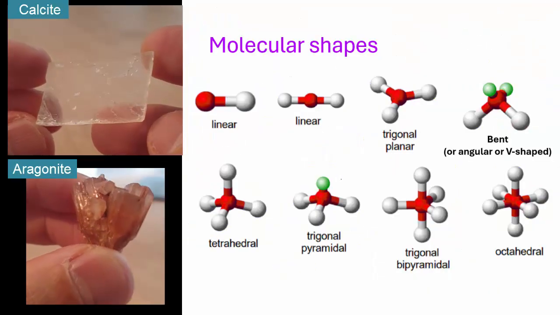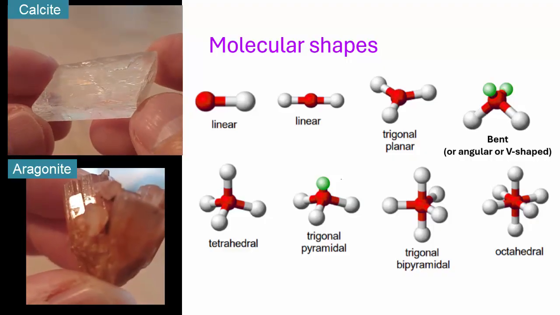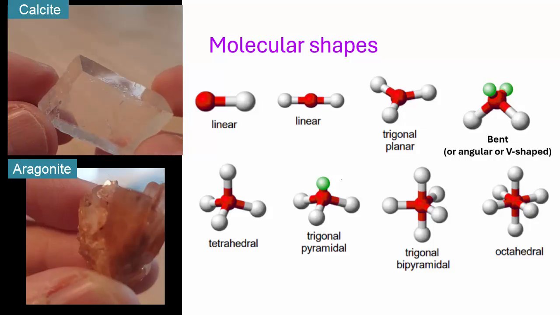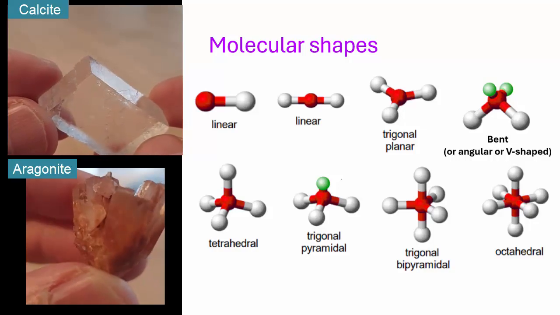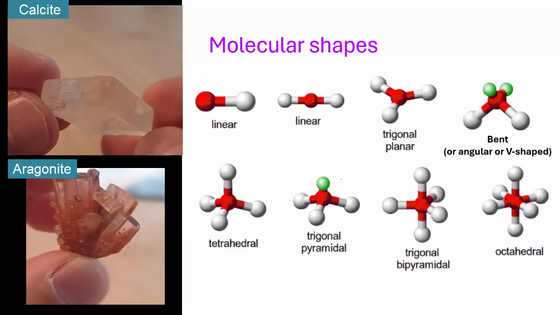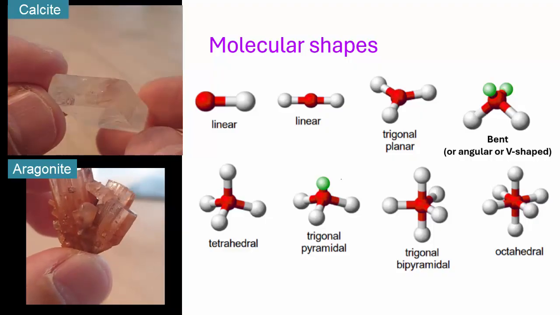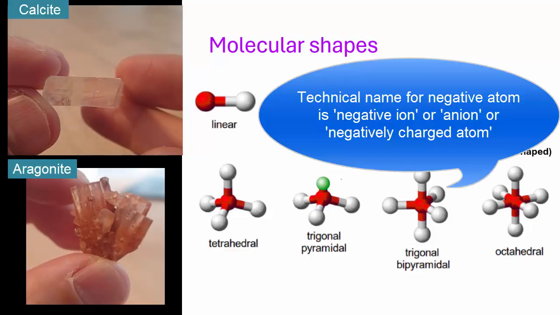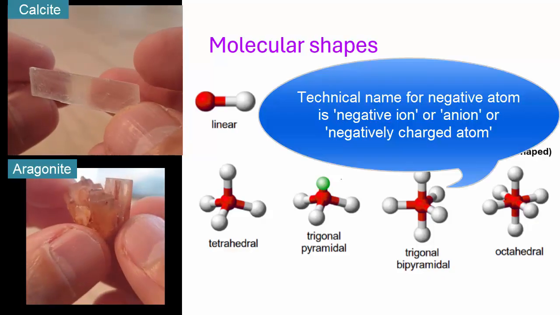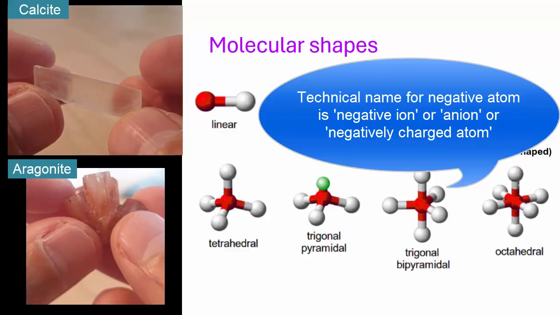Okay, so here are the common molecular shapes, and if you haven't realized already, the aragonite 9 is very unusual. It doesn't look right. Okay, so the calcium cation can effectively attract many negative atoms, and the negative atoms themselves will repel each other as they're trying to attract to the calcium cation.